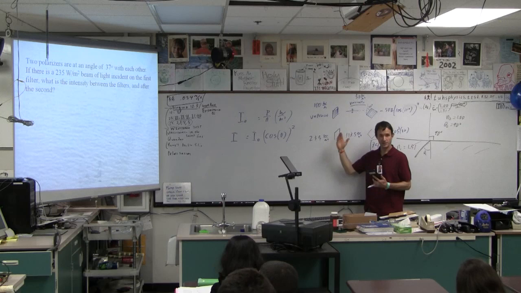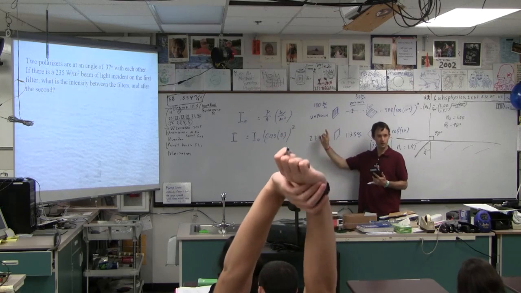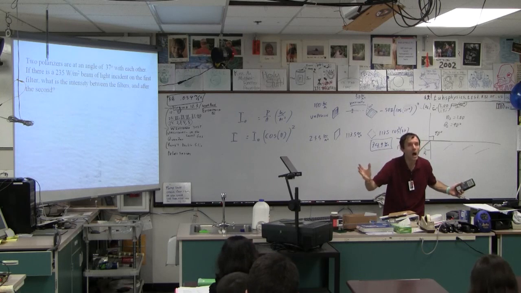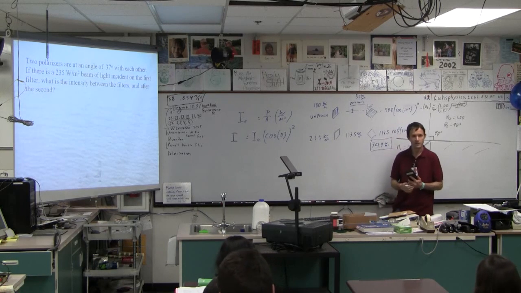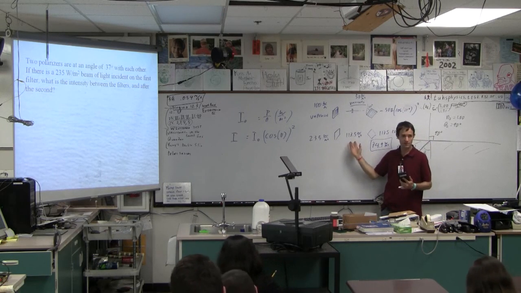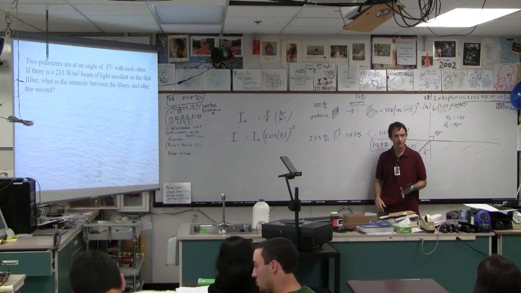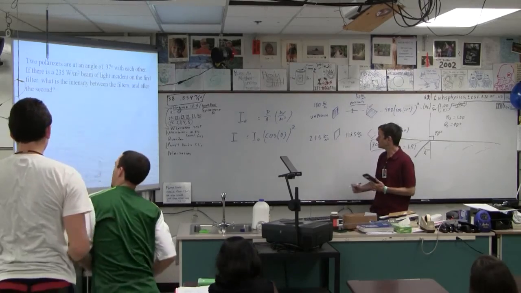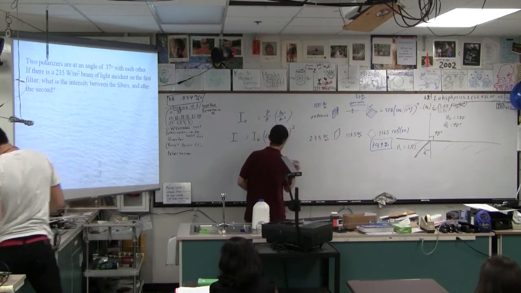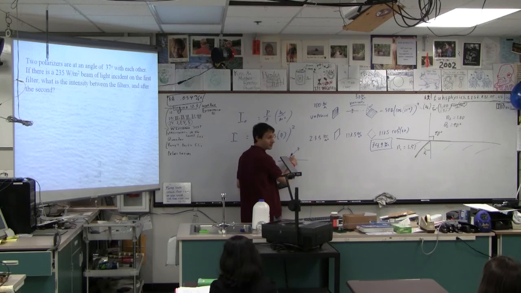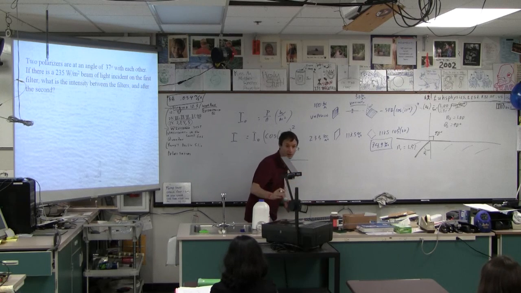If it's a dual filter problem and they tell you unpolarized light, then the first filter cuts it in half, if it's an ideal filter. If it's not, I don't know what you do. If it's an ideal filter, it cuts it in half, because on average half the light is going to be horizontal and half vertical. Really, if light comes through a horizontal filter at some angle, it's not that none of that light gets through.